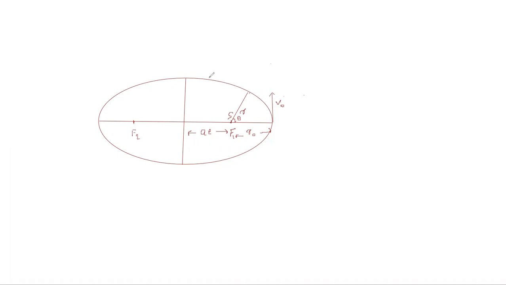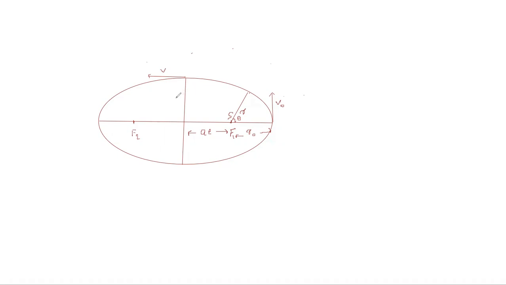Now, at some point of time, the planet will be at this point. Then the velocity vector will be like this. So this is the velocity vector v.